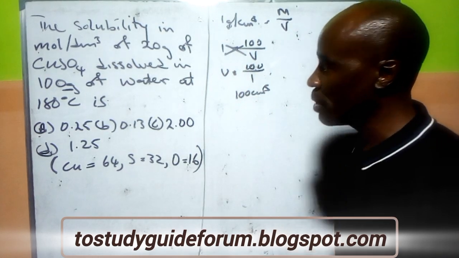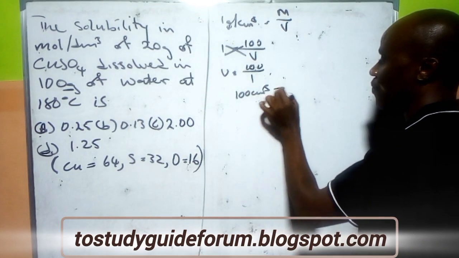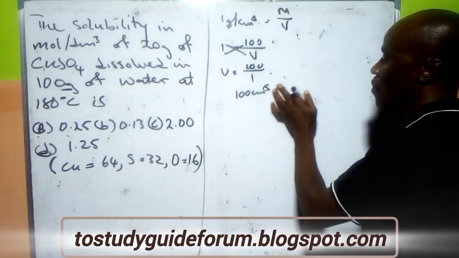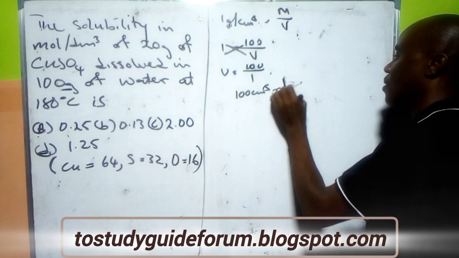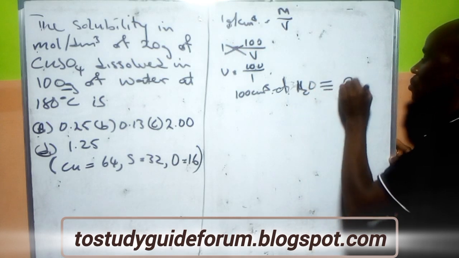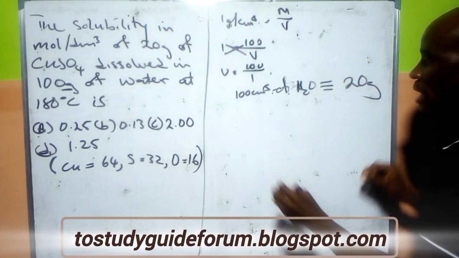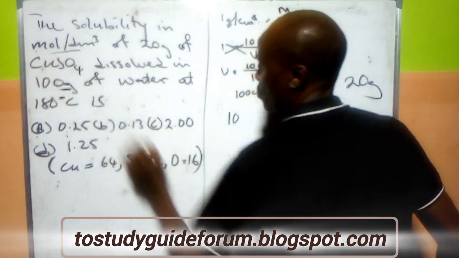That means what we have here is 100 cm cube of water, equivalent to 20 grams. Now we talk about dm cube, because the question said mole per dm cube.